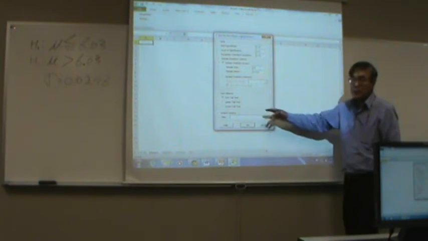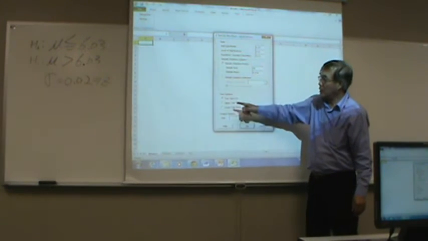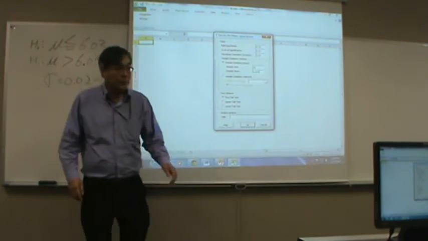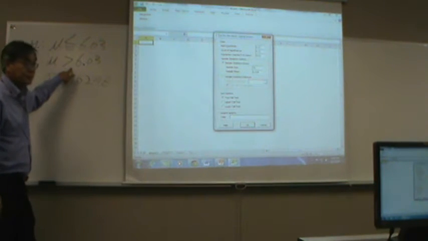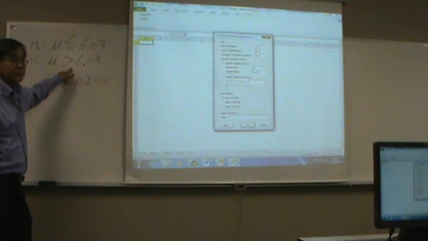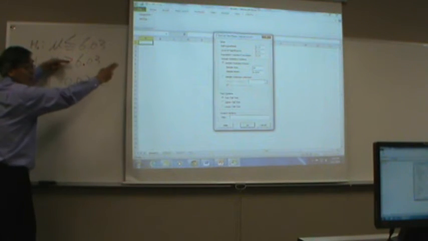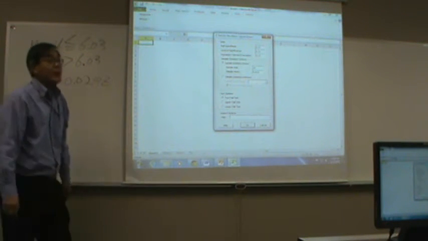Now, test options: two tail, upper tail, lower tail. Is this one right tail or left tail? Right tail. The arrow is pointing this way, right? Right tail is upper tail.